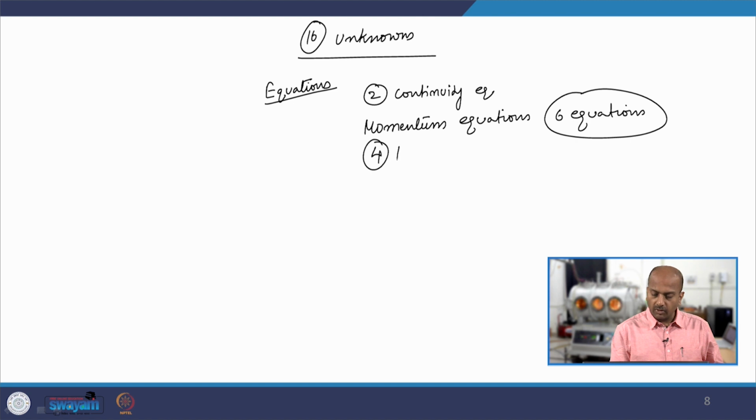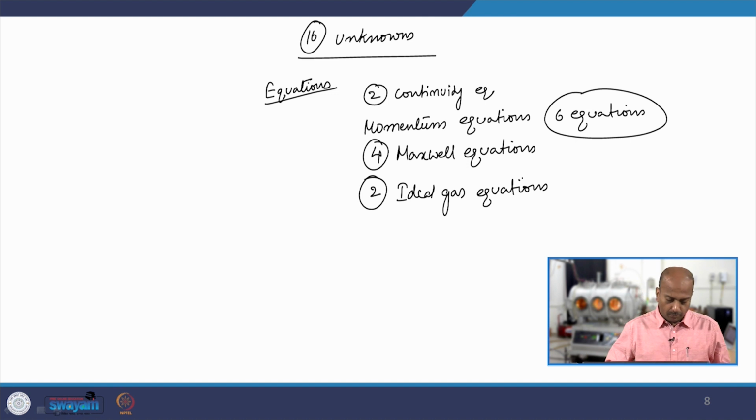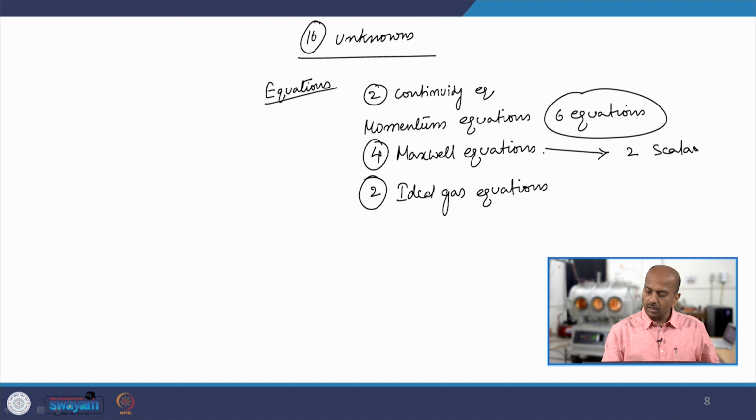Then we have 4 Maxwell equations, then two ideal gas equations. And within the Maxwell equations, we have two scalar equations and two vector equations.